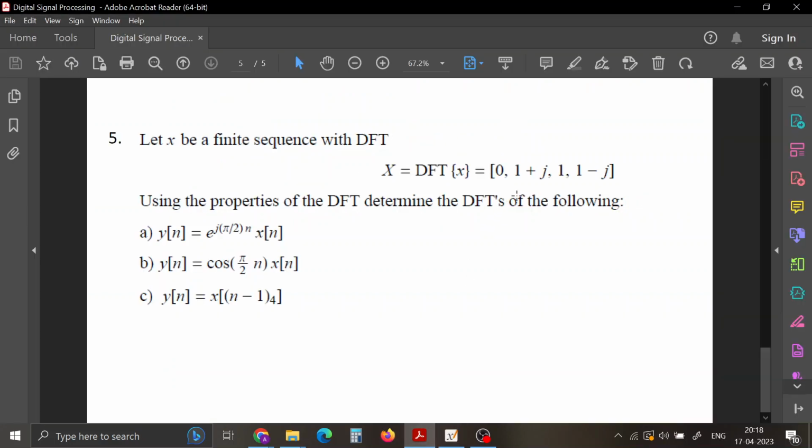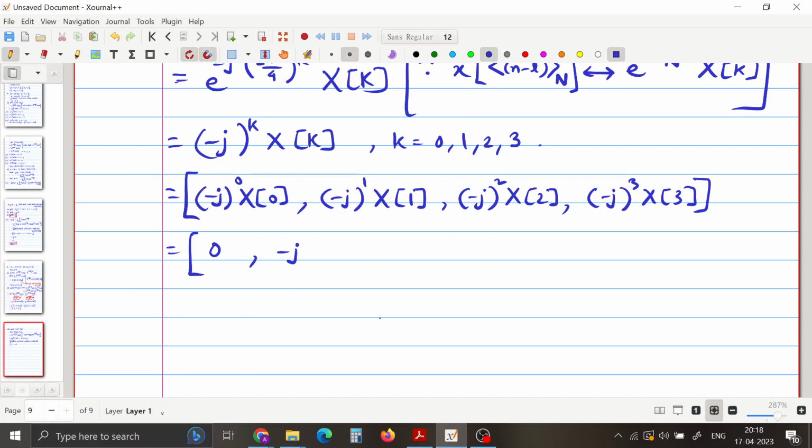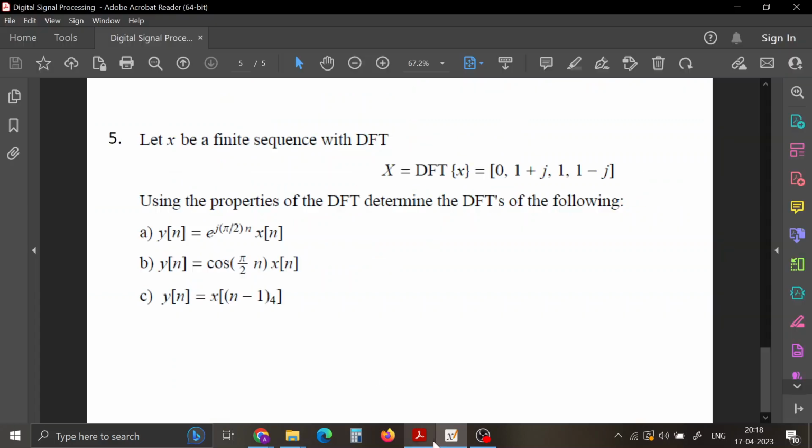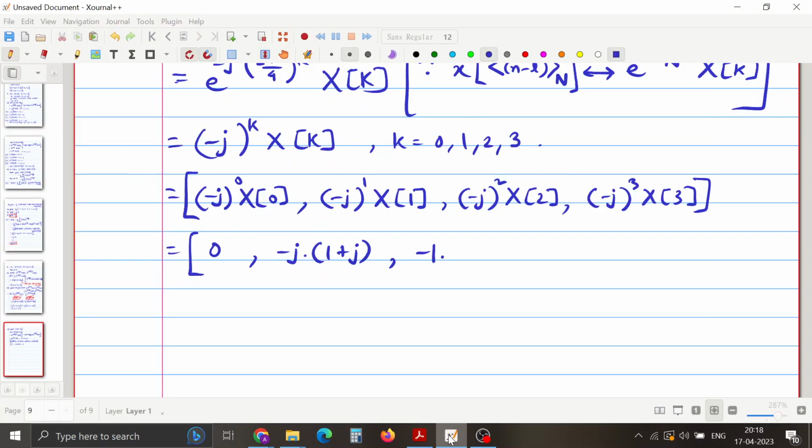What is cap X of 1, the second coefficient? It is 1 plus j, so this is times 1 plus j. Now the third term: minus j raised to the power 2 is minus 1, times cap X of 2. What is cap X of 2? The third coefficient, which is 1.